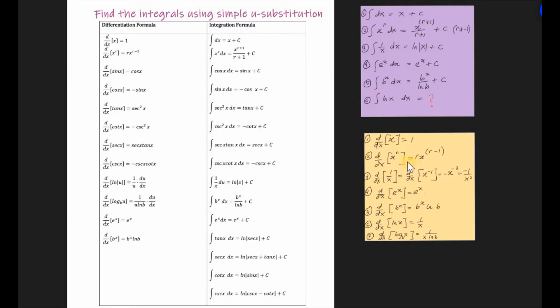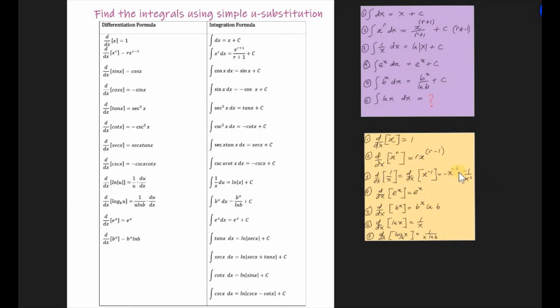I'm showing it to you so that you can know the difference between the formula to differentiate and the formula to integrate. So the derivative of 1 on x, let's say x power negative 1, we can use this formula.